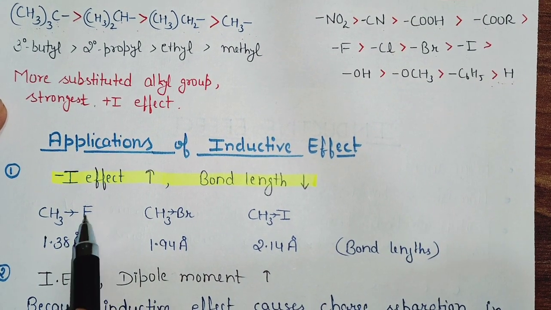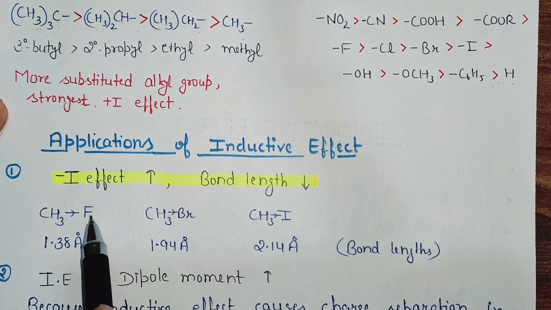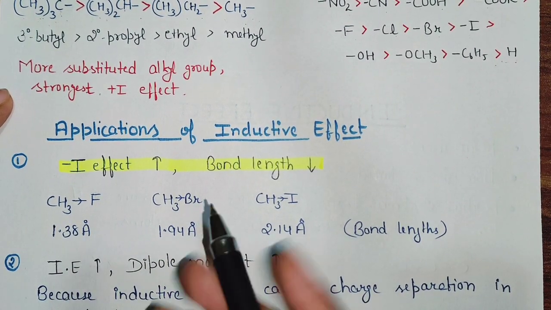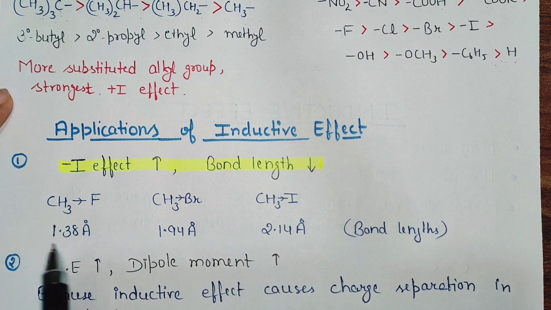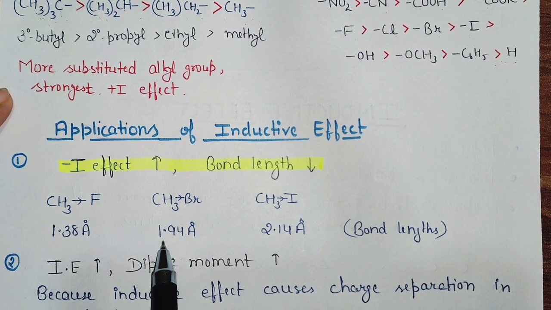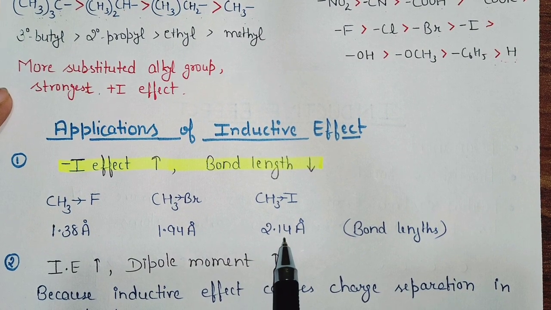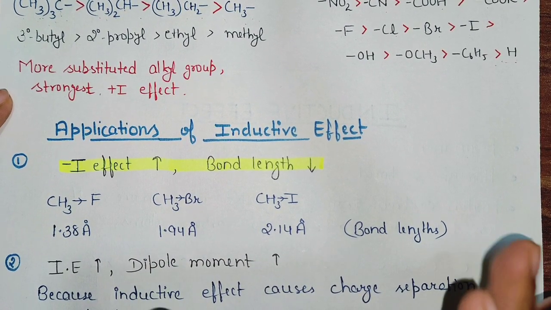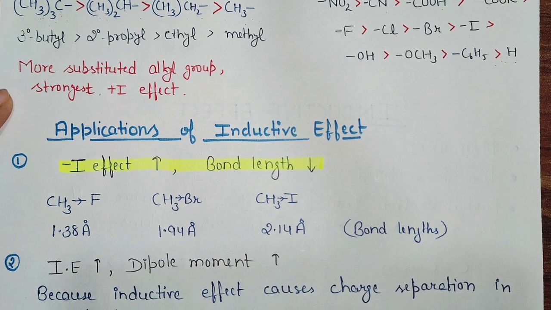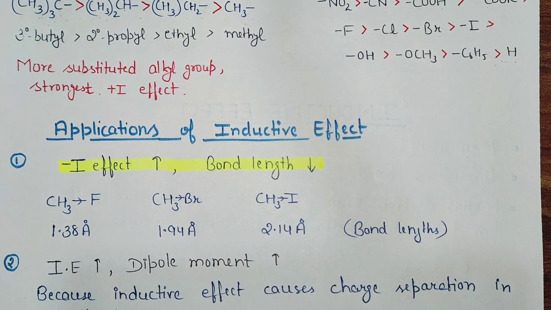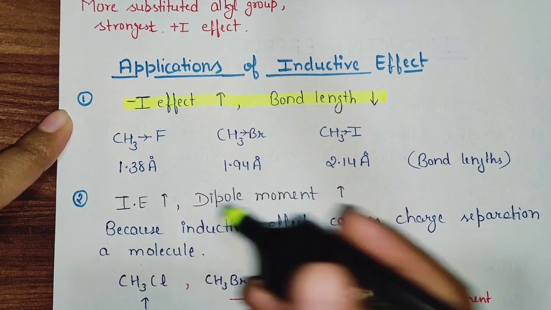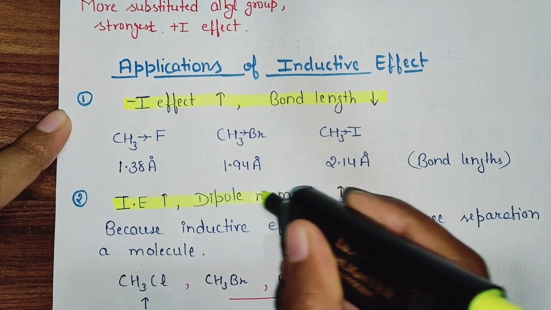So, as fluorine is showing the maximum minus I effect among these, its bond length will be smaller. See, its bond length is 1.38 angstrom, then 1.94 angstrom, and then 2.4 angstrom. So here it is clear that if minus I effect increases, then bond length decreases. Next, if minus I effect increases, then dipole moment also increases.